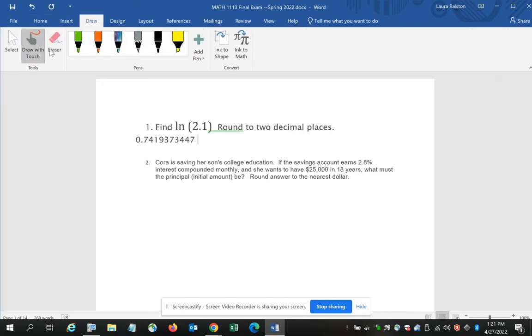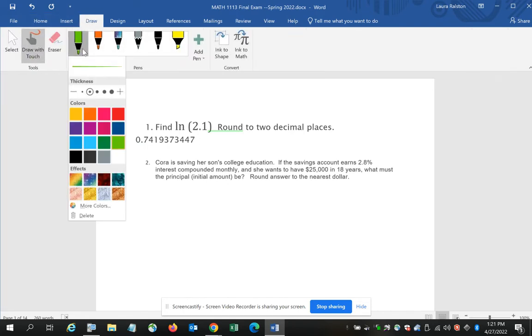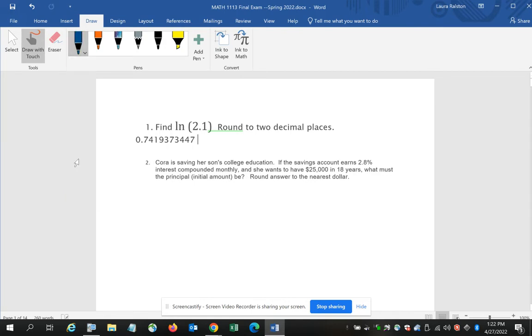So if I think about rounding this big long decimal to 2 decimal places, I notice that the second decimal place is 4. Next to it is a 1, so I'm not going to change anything. So rounded to 2 places, my answer is 0.74.